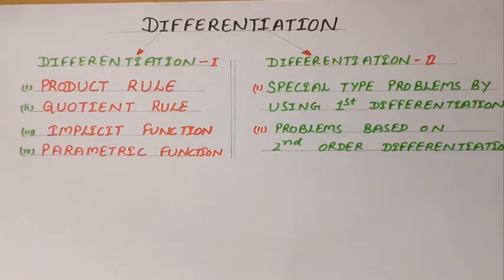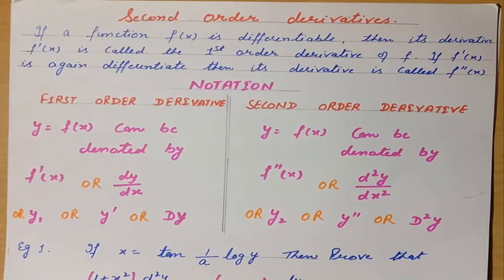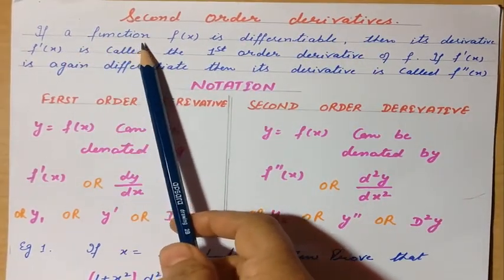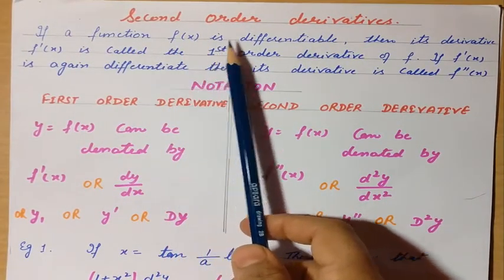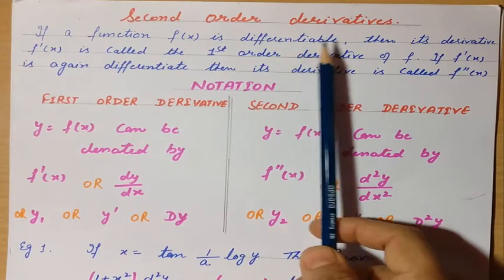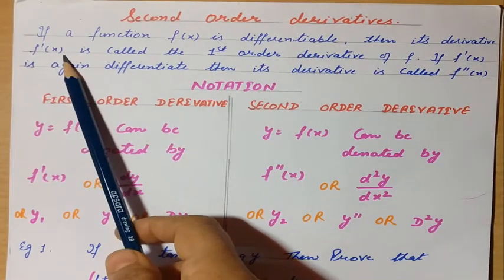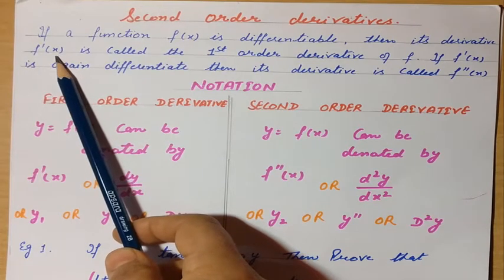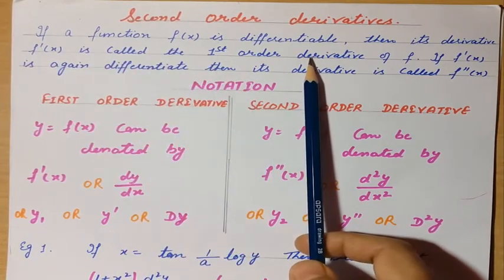second order differentiation. If a function f(x) is differentiable, then its derivative f'(x), if we differentiate that function one time, is called the first order derivative.